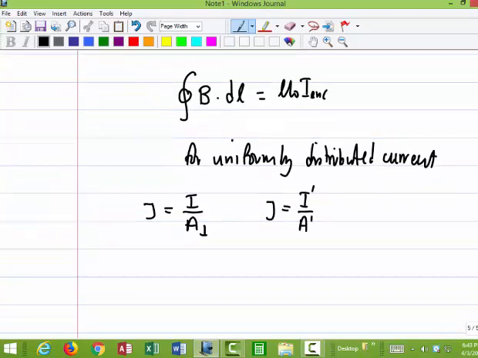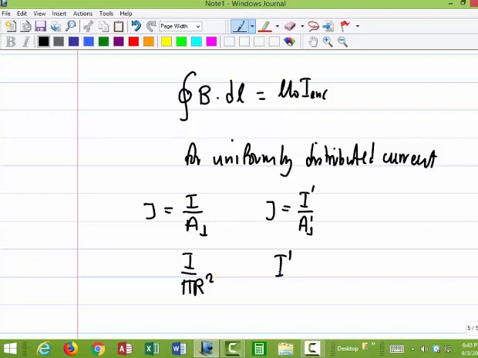The current density for the whole wire is I over pi uppercase R squared. That's your full current over the full cross-sectional area of the wire.